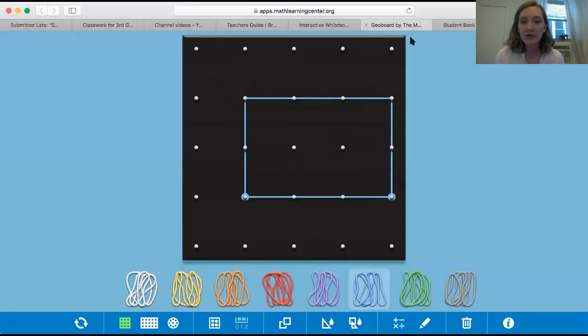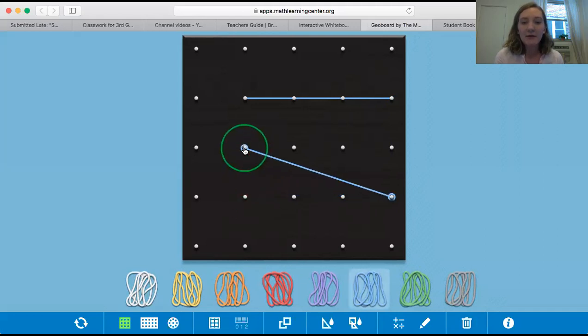So if we look back at our geoboard, let's get rid of a couple of these rubber bands. Let's look at this set of parallel lines. This line is 2 pegs away, right? There's 1 peg in the middle that separates these two. If I bring this rubber band like this, do you notice that over here there's 1 peg in the middle, right? It's 2 pegs away.